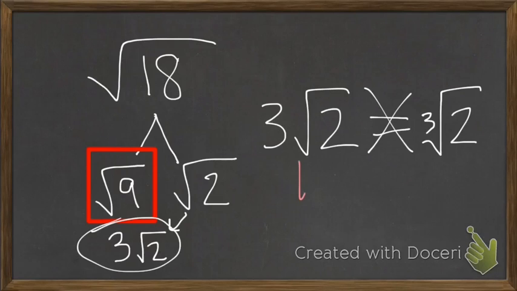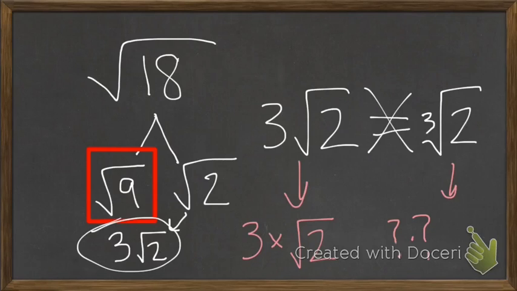This one here means 3 times the square root of 2. This one means what number times itself, 3 of them, equals 2. So just keep in mind the difference.